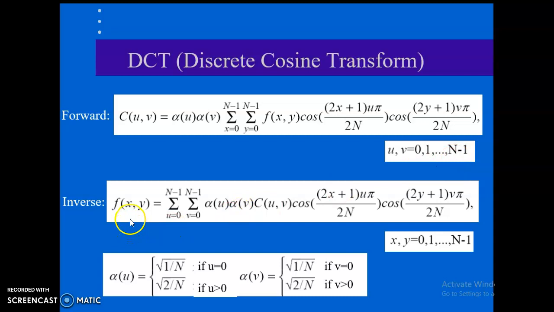Inverse: f of x, y equals summation over u from 0 to n minus 1, summation over v from 0 to n minus 1, alpha of u alpha of v C of u, v cos((2x plus 1) u pi divided by 2n) cos((2y plus 1) v pi divided by 2n), for x, y equal to 0 to n minus 1. Alpha of u equals root of 1 by n if u equals 0, and if u is greater than 0, root of 2 by n.